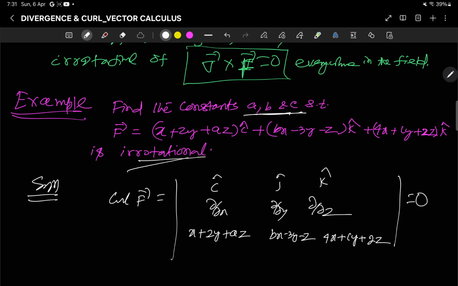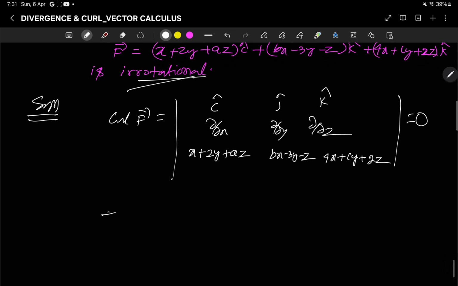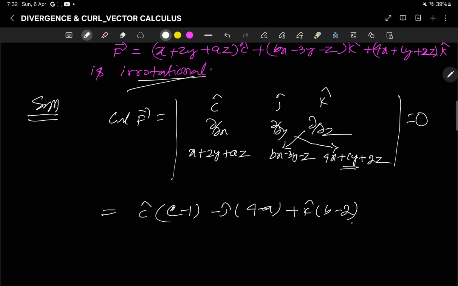Okay, so I simplified. It is i cap into partial derivative with respect to y minus partial derivative with respect to z. Differentiated with respect to y, it will give me c. Differentiated with respect to z, it will give me 1. And minus j cap into 4 minus a, plus k cap into b minus 2, is equal to 0. 0 means I can write 0i plus 0j plus 0k.